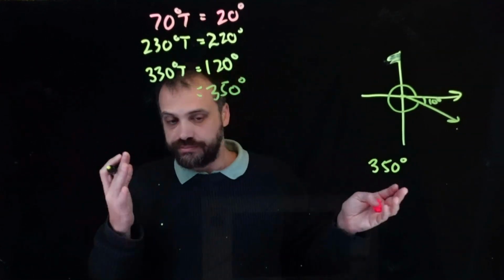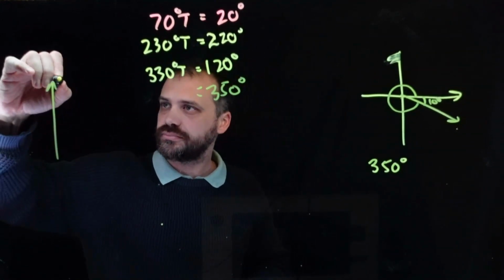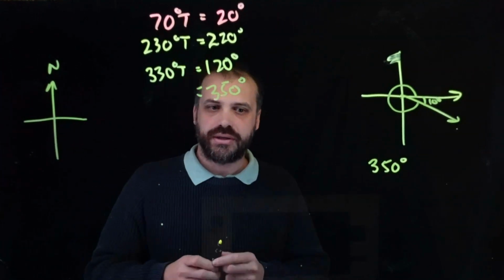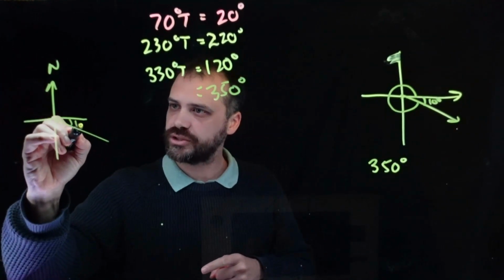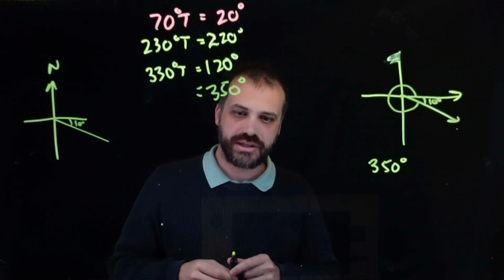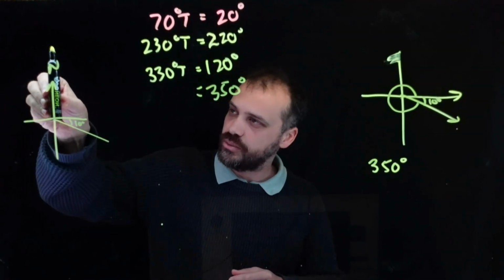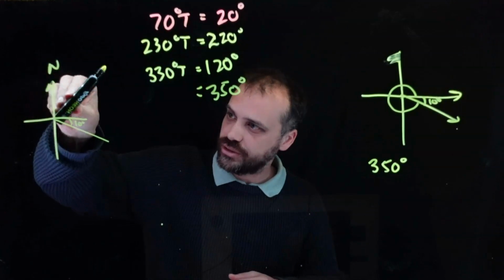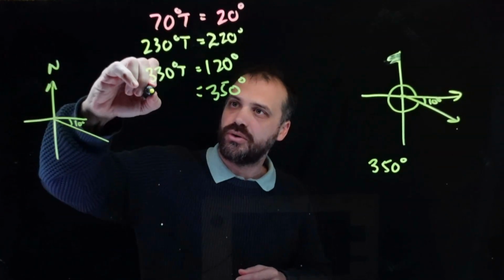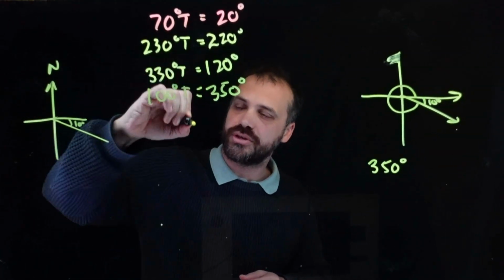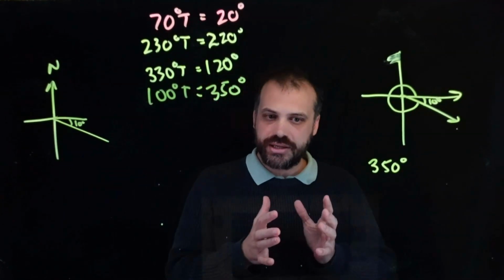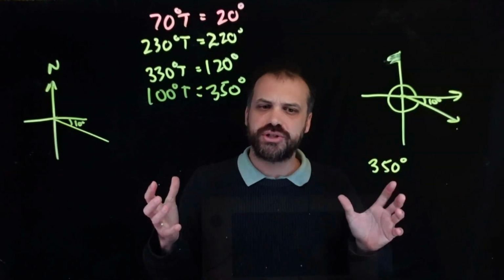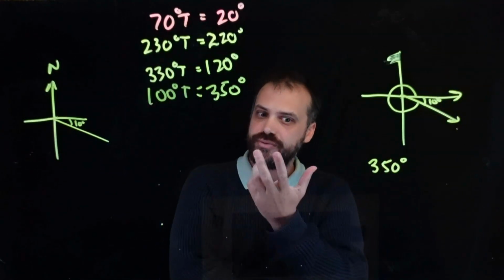In the boat captain world, draw in your line. That angle that I just wrote about is really important, that 10 degrees. And a boat captain would just say, no, I want to go, start from here, rotate clockwise, 100 degrees true.